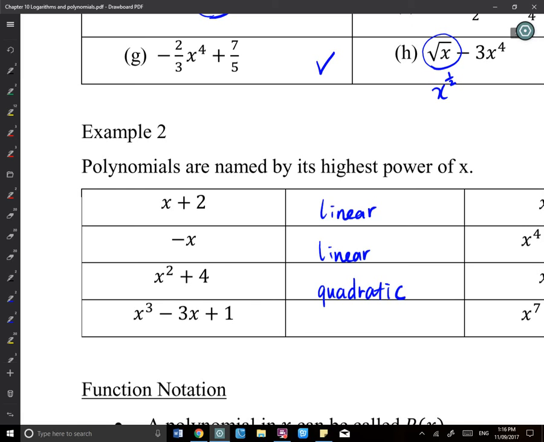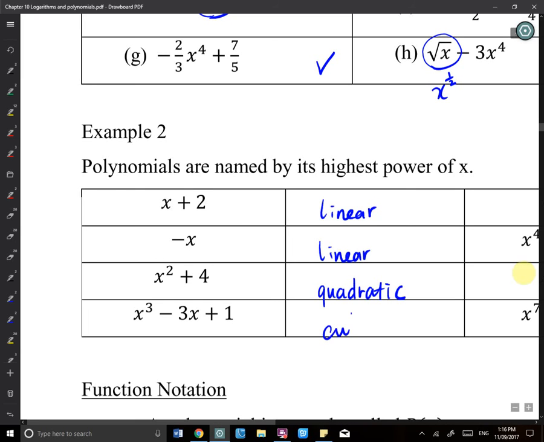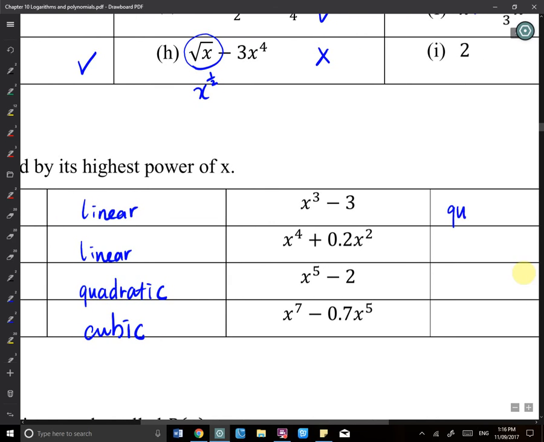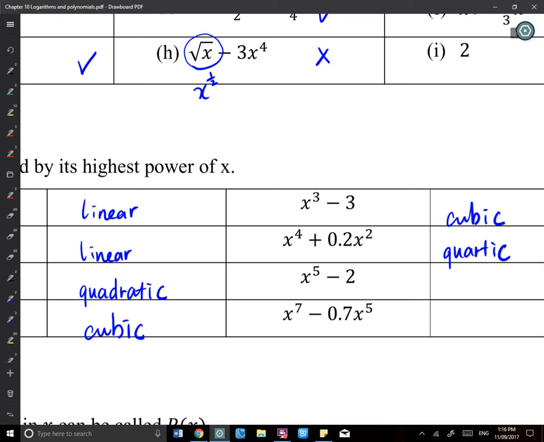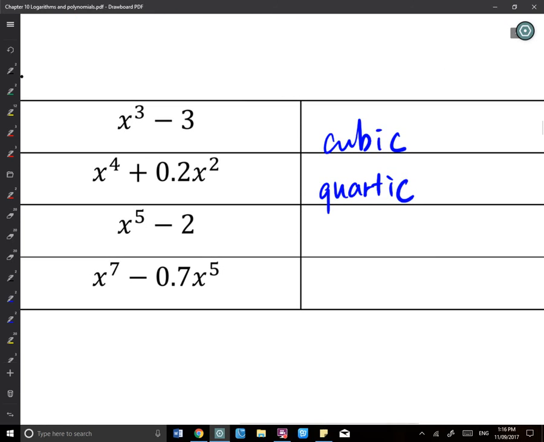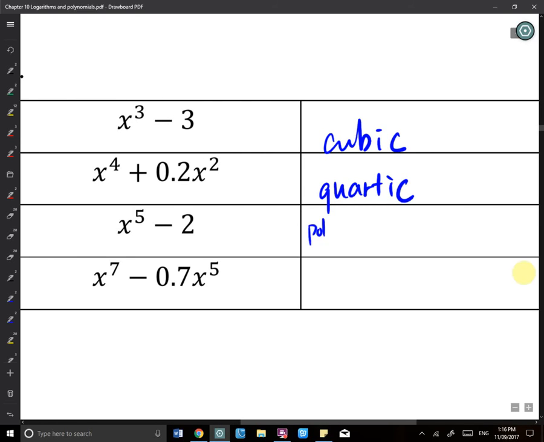What's the name for x to the power of 3? Cubic. How about x to the power of 4? Quartic. Okay, how about x to the power of 5? Okay, we don't really give special names after quartic. So what we call that is a polynomial of degree 5.